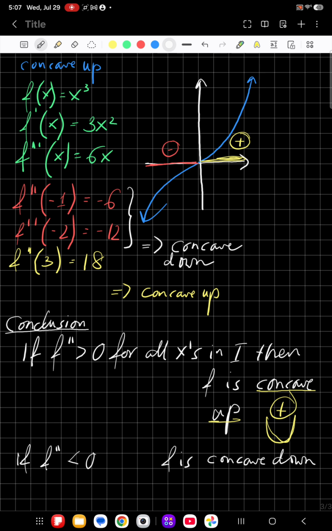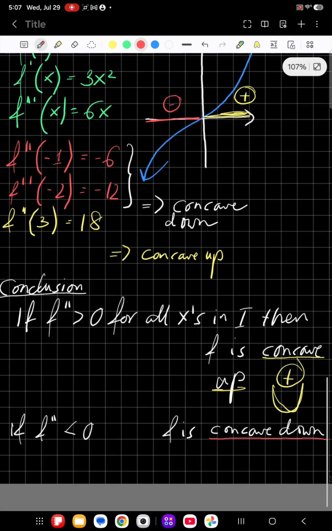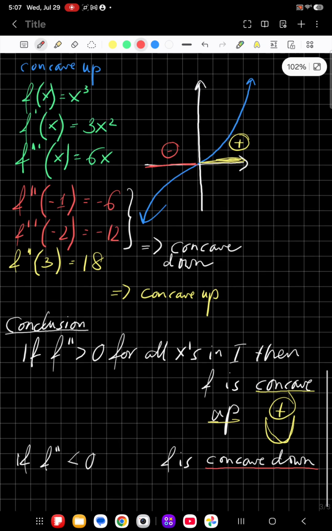And this was red. Okay, concave down, so minus, and then we have concave down.